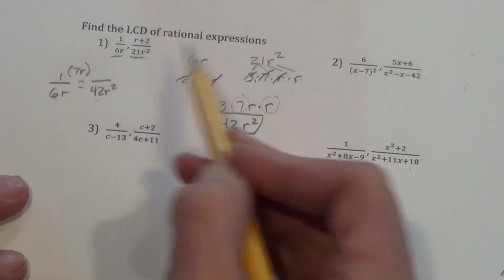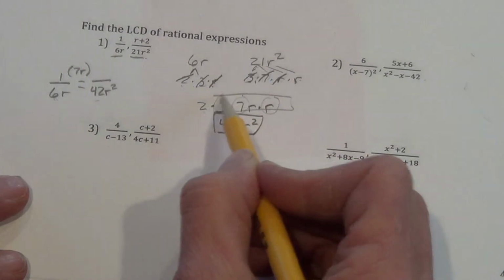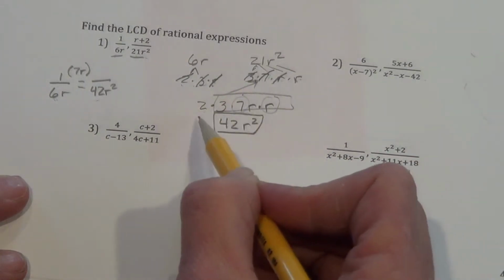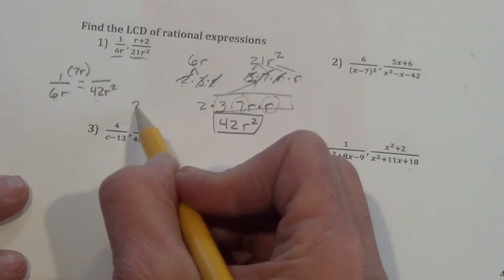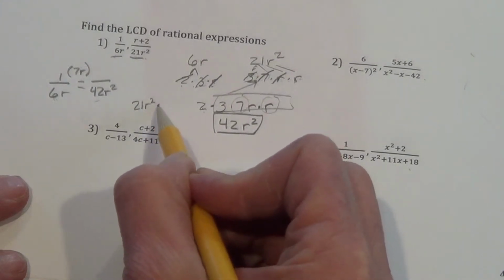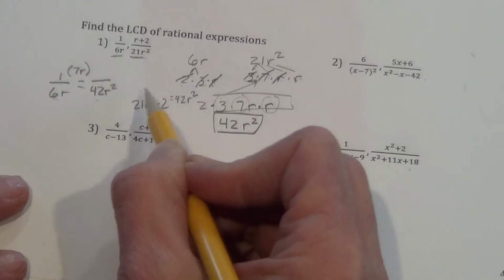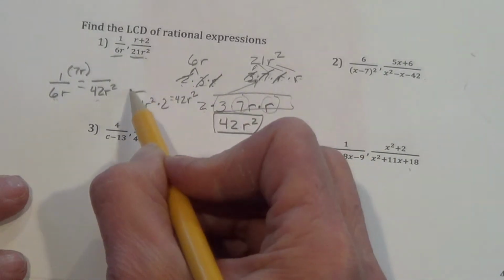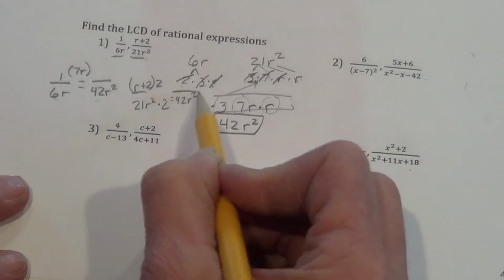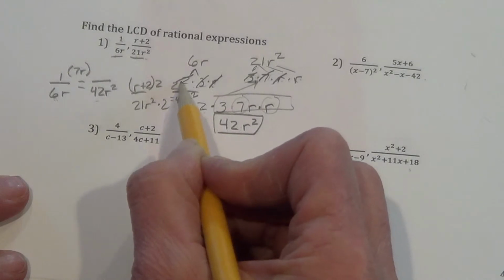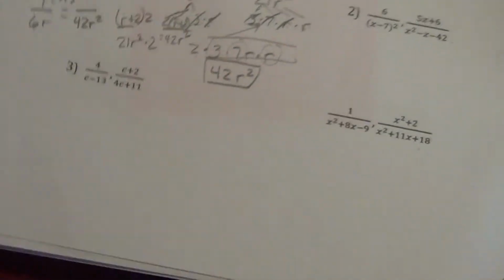Down here on the 21r squared, all that we multiplied it by that wasn't on her friends list, the only person that I added that she didn't already have was a 2. So on that one, I would write 21r squared times 2 equals 42r squared. And then that would be r plus 2 times 2 for my top number. I'm sorry, I kind of ran out of room there. Not real good planning. But you see what I'm talking about there.